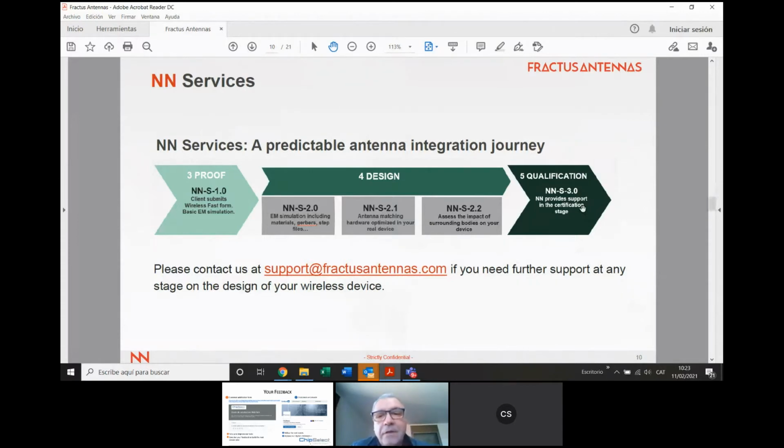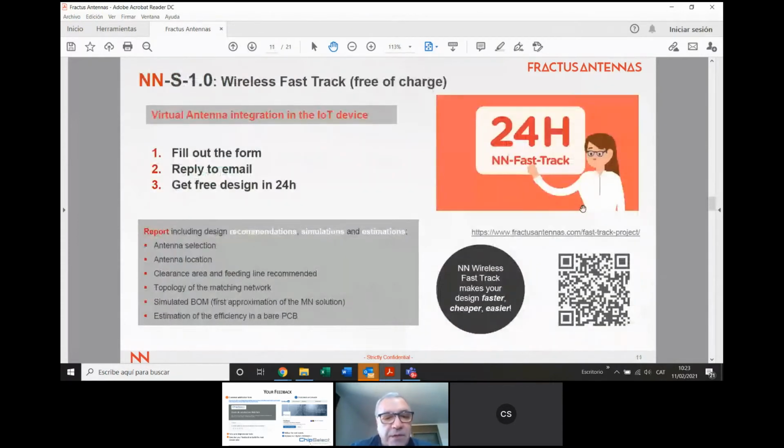Okay. The first service is, remember, on a bare PCB, so it's just the location of the antenna in a PCB. With this simple form on our website, here you have the link, if you let us know the PCB size of your device and which frequencies you want to work with, we are going to make an analysis in our lab, and we are going to make a report with the antenna selection, the antenna location, the recommended clearance area, and the topology of the matching network.